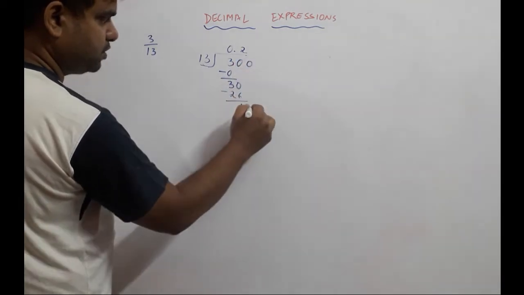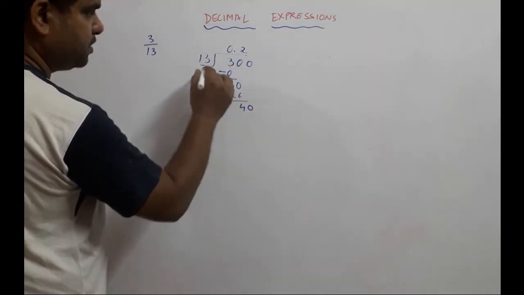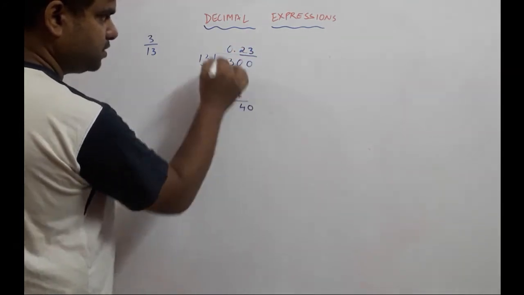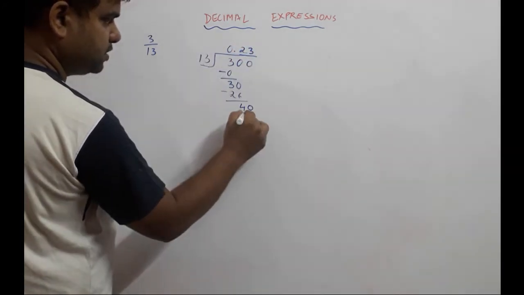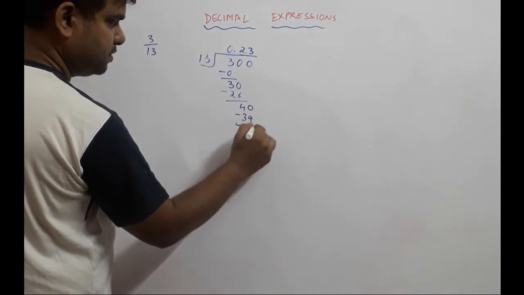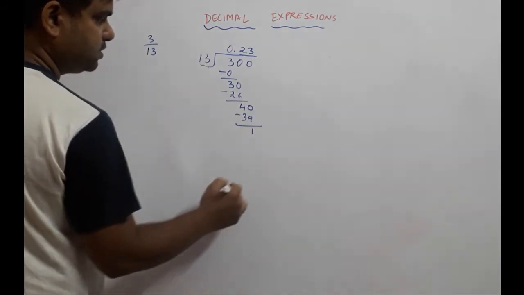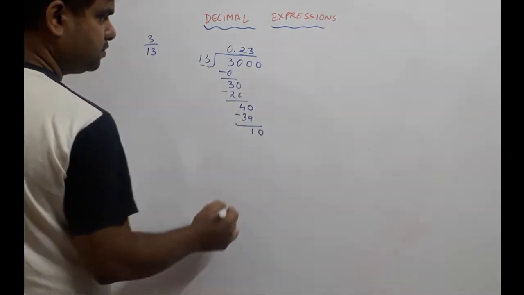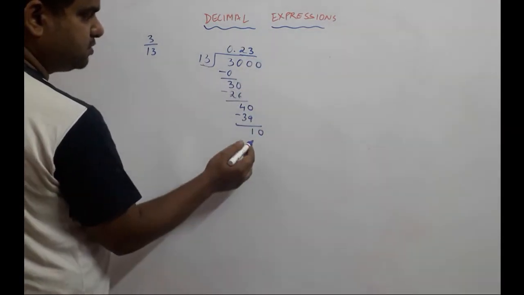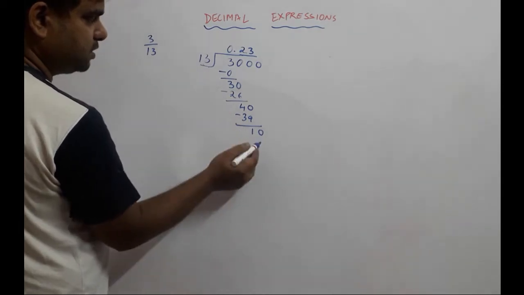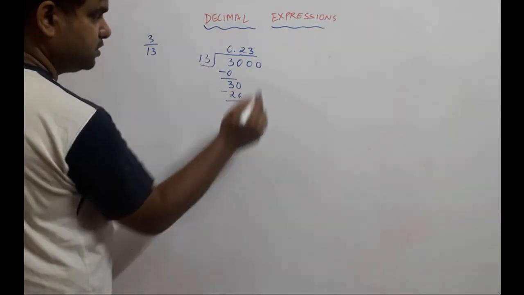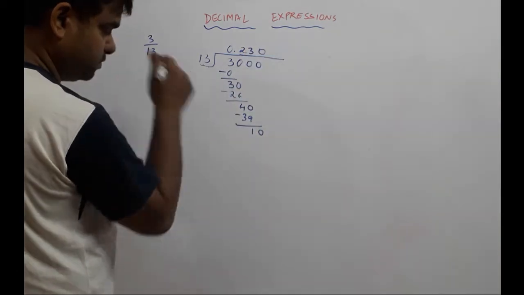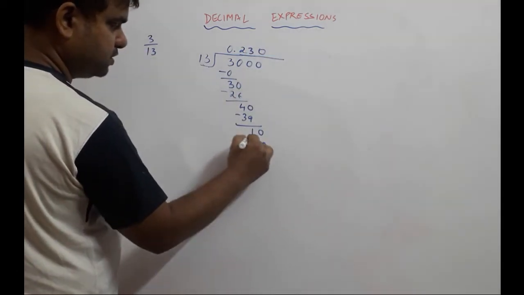Once again we put a 0 and bring this down. 13 into 3, this time 3 will go. 13 3s are 39. 40 minus 39 is 1. Put a 0 over here, bring it down. The number in the divisor is bigger than the number in the dividend, so we cannot divide it. So we put a 0 and bring the 0 down.